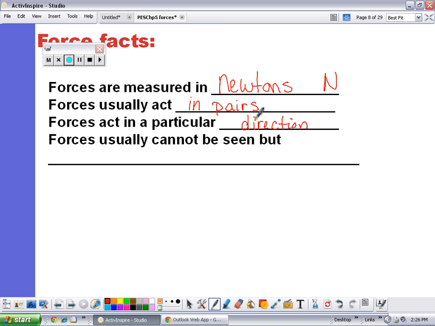And forces usually cannot be seen, but their effects can be seen. Something falls, you see the object fall, but you actually cannot see the gravity that caused it to fall.